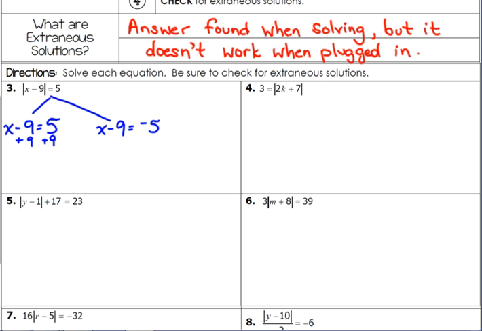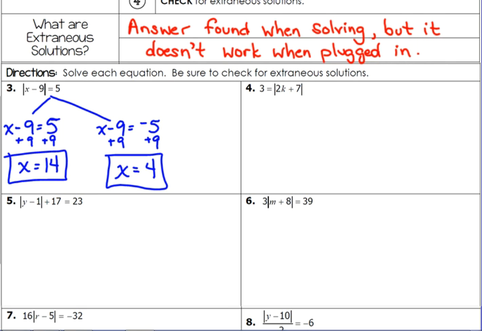So we add 9 in both of them, and we get 14 for one of them, and we get 4 for the other one. Negative 5 plus 9 is 4. Quick check. 14 minus 9 is 5. The absolute value of 5 is 5. 4 minus 9 is negative 5, but the absolute value of that is positive 5. So both of these, 14 and 4, are our solutions.